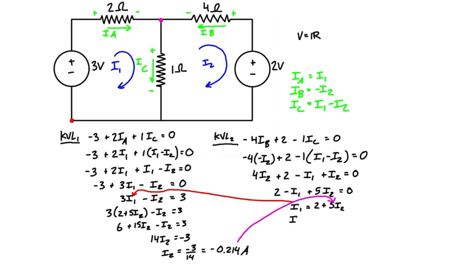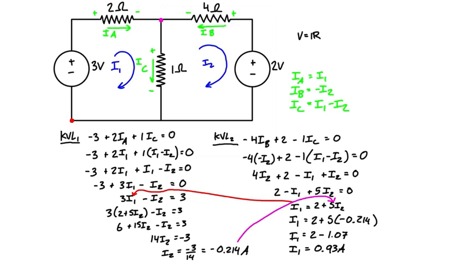So we have I1 is equal to 2 plus 5 times negative 0.214. And we find that I1 is equal to 2 minus 1.07. That's I1. And I1 is ultimately equal to positive 0.93 amps.